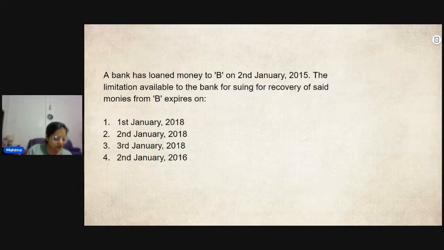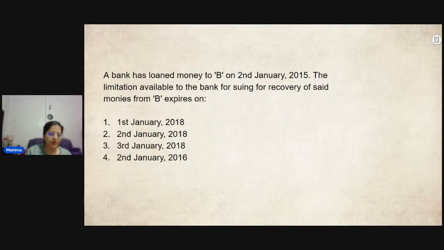Is that so? Public holiday, ma'am. Yes, public holiday, when the court reopens, that means 2nd January 2018. And if we exclude 2nd January 2015, then the correct answer should be 3rd January 2018, but not 1st January. So the correct answer should be C here, but the state marked it. I think this was Haryana's question, and the state marked it option number 1.